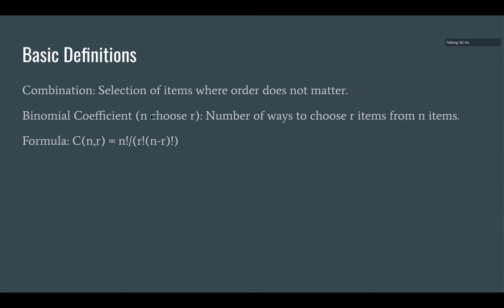The binomial coefficient, often referred to as n choose r, represents the number of ways to choose r items from n items without regard to the order. The formula for calculating combinations is n factorial divided by r factorial times n minus r factorial.